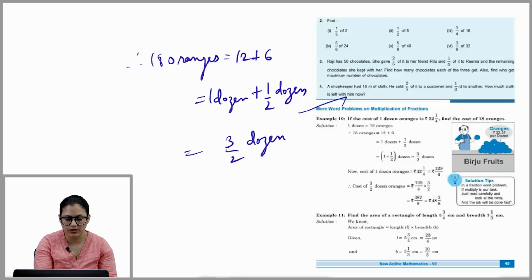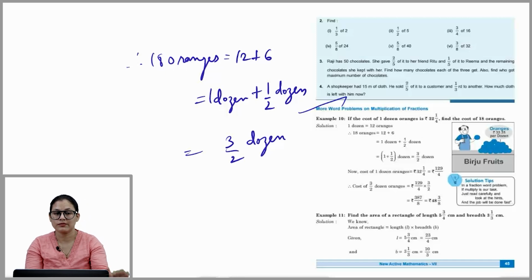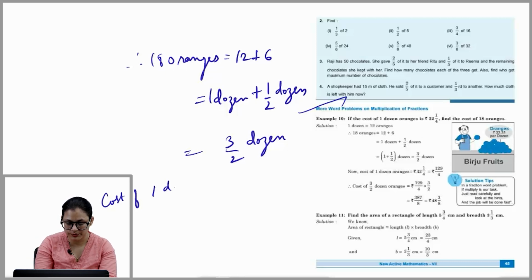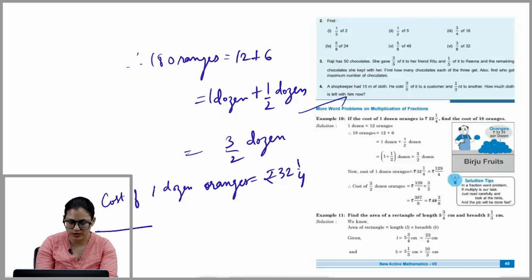So you have to find out the cost of 3 by 2 dozen oranges. You know the cost of 1 dozen oranges. Cost of 1 dozen oranges is equal to rupees 32 1 by 4. And you have to find out the cost of 3 by 2 dozen oranges.